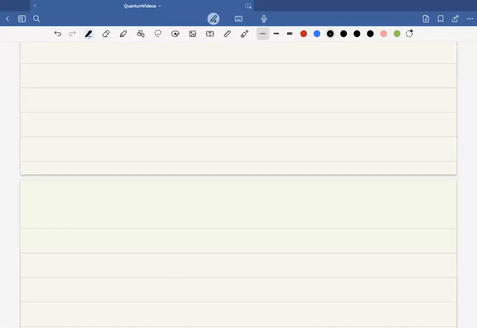Once r is computed, we will check if r is even and whether x to the r over 2 plus 1 and x to the r over 2 minus 1 are not multiples of n.